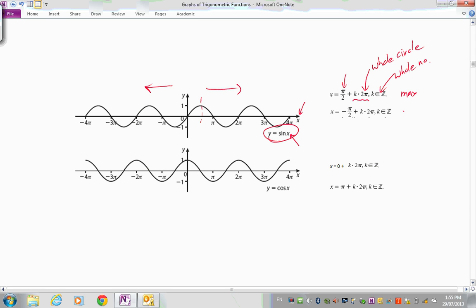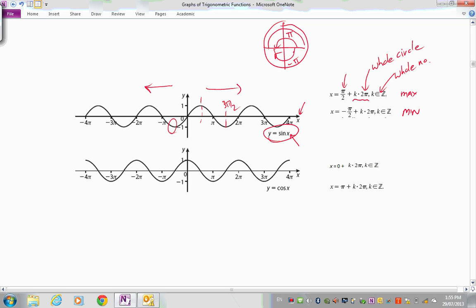All right, what about the min? The min is at neg pi over 2, or, I suppose you could say here, 3 pi over 2. By convention, if we go past pi, we usually write this bottom half of the circle as negative. So that's pi to there and neg pi to there.